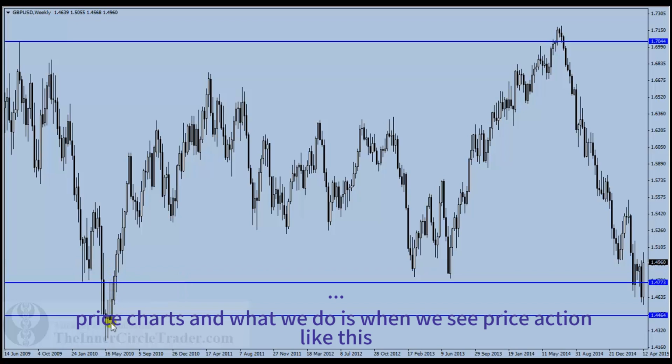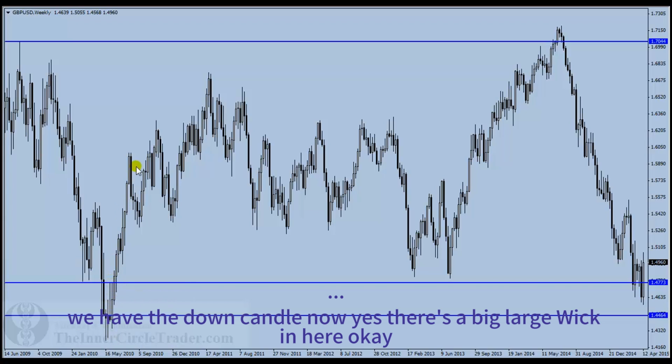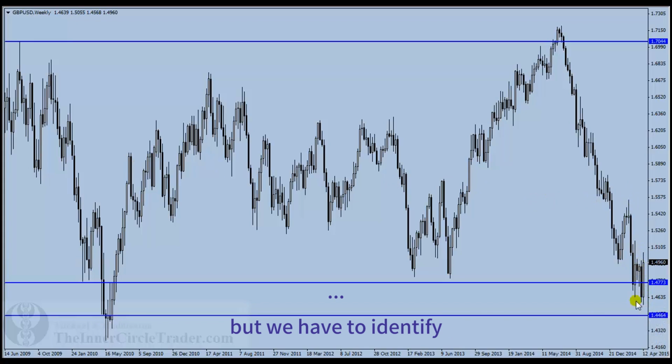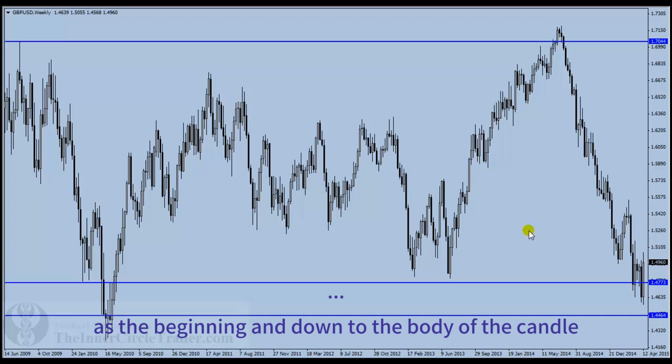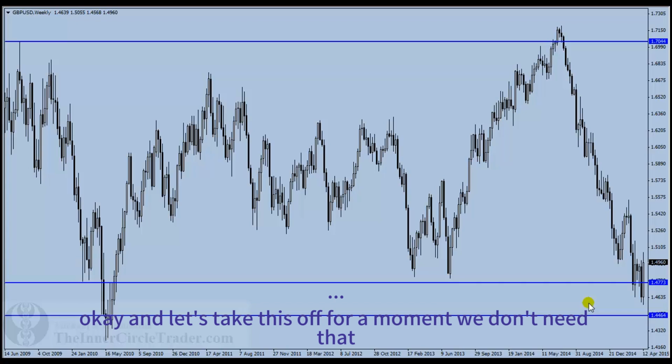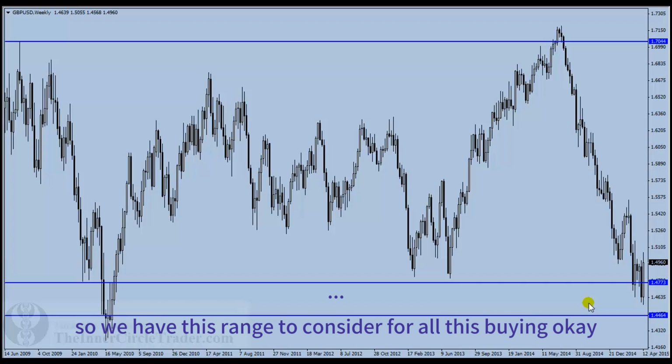So we have this range to consider for all this buying. Okay, as price drops down into this, we are anticipating something that would stall. Price moving lower doesn't mean it's going to stop going lower longer term. It just means that there would be a likelihood that there would be a bounce in a bear market.